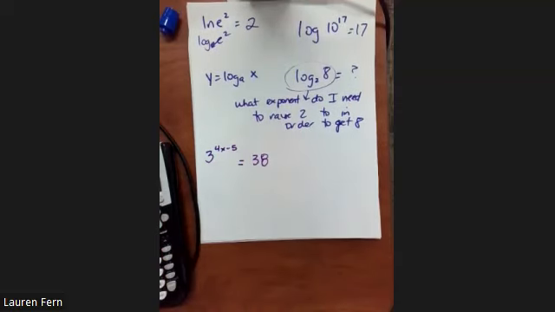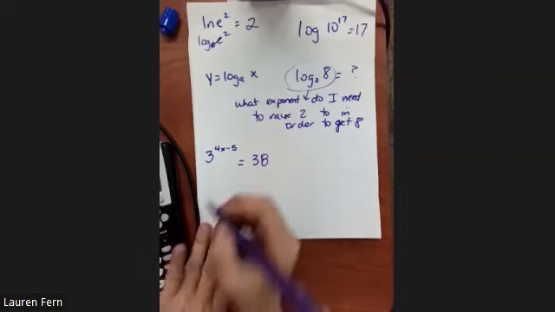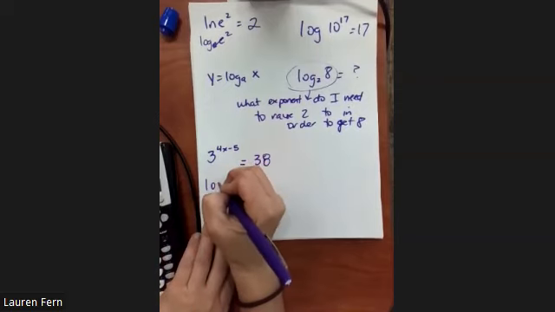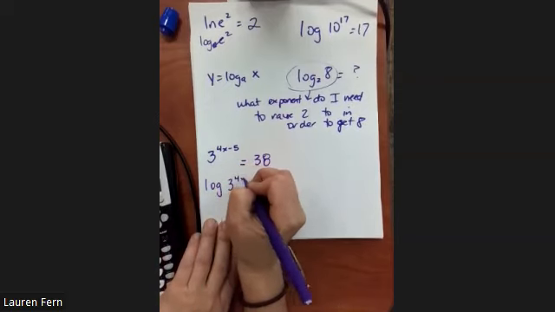Now, the first thing I note is I don't have a base of e or 10, so it doesn't really matter whether I do the log or natural log. Okay, which log do you want to use? Log. Okay, I will take the log of both sides.